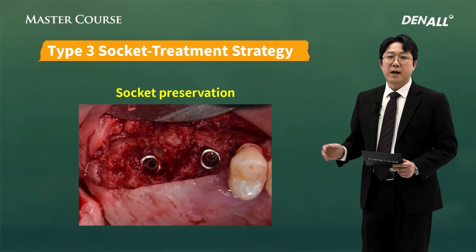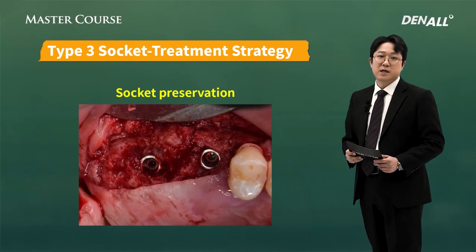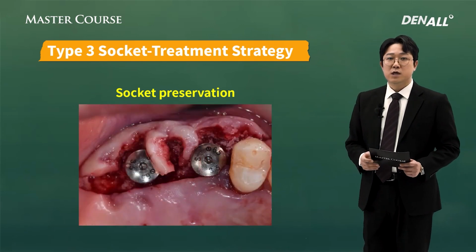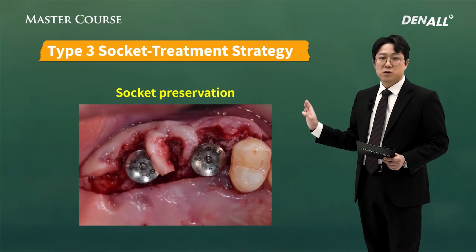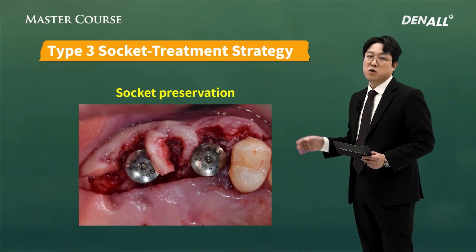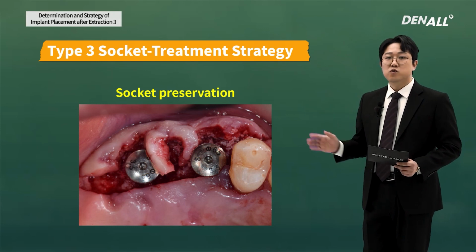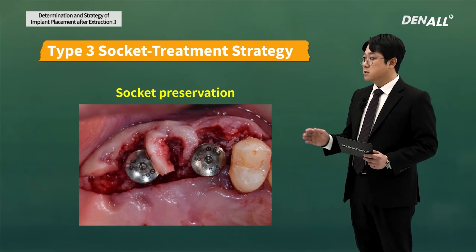If there's nice socket healing, it is easy to place the implant. Initial stability was approximately 25 newton centimeters, so 1 stage surgery was done. For this patient, there was a lot of keratinized tissue, so the Plauchi technique was used.